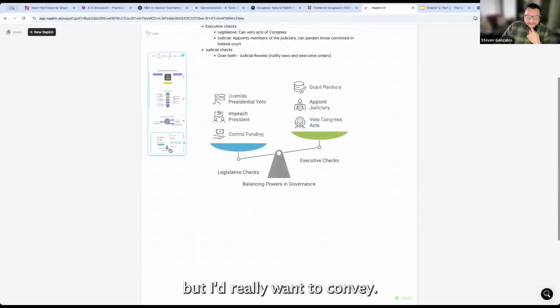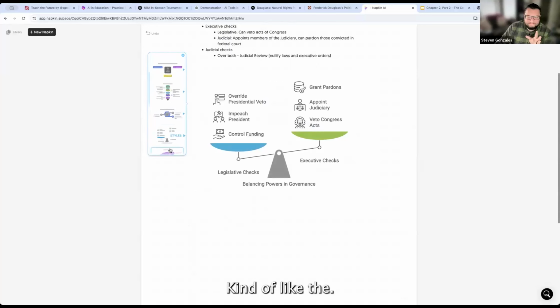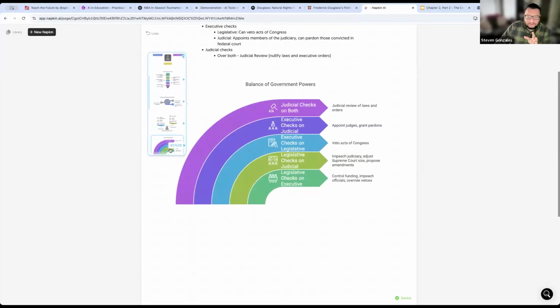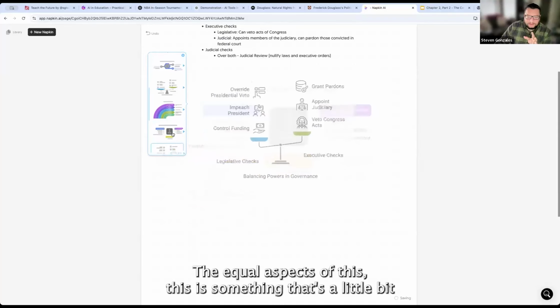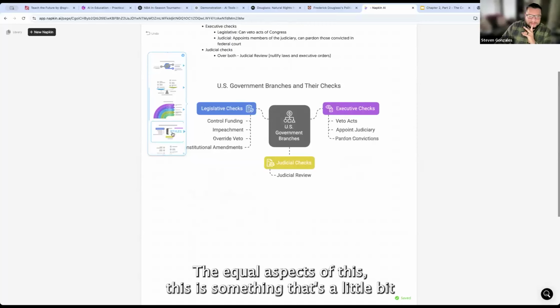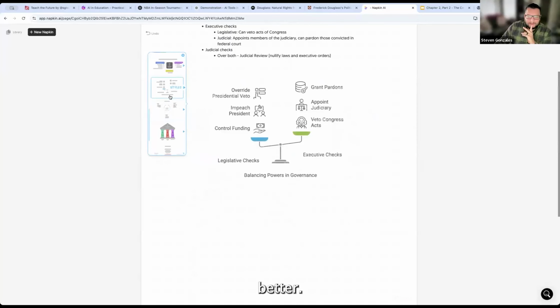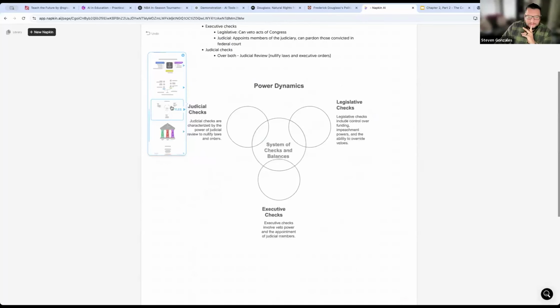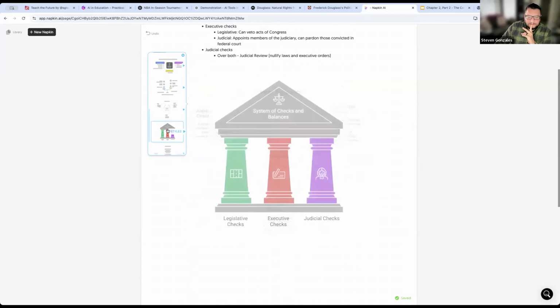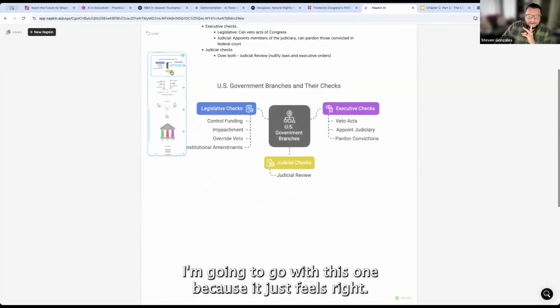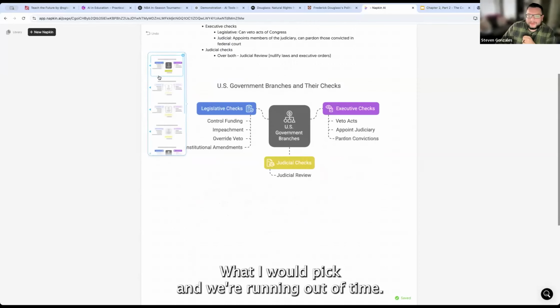But I'd really want to convey kind of like the equal aspects of this. This is something that's a little bit better. I'm going to go with this one because it just feels right. It's what I would pick, and we're running out of time.